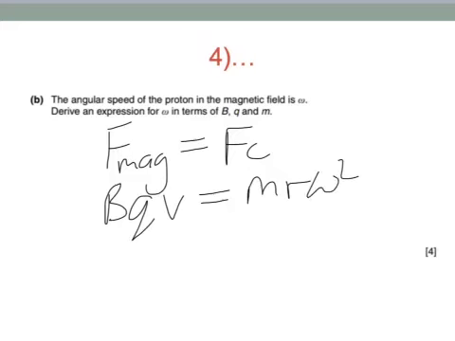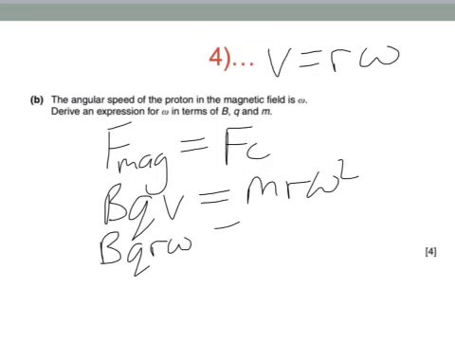So that's m r omega squared. So now we simplify. In fact, we need to replace this velocity also with omega. So we can do that, just recalling, of course, that velocity equals r omega. Put that in. So BQ r omega equals m r omega squared.